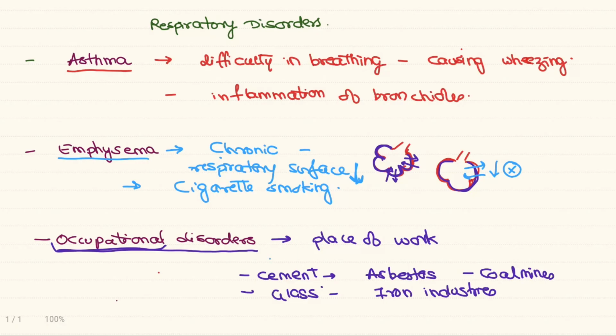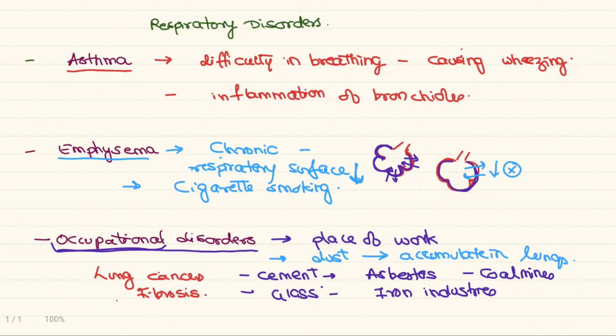This fine dust of, say, cement or asbestos will accumulate in the lungs and cause damage to the lungs. It can cause severe problems such as lung cancers and fibrosis in the lungs. So people who work in these areas should always wear protective masks so that they can protect themselves from these types of respiratory problems.